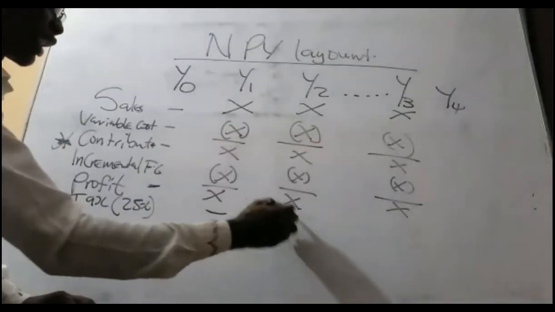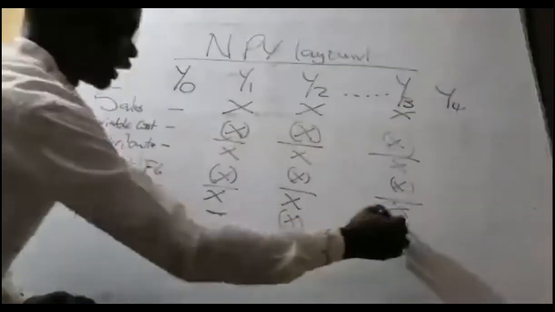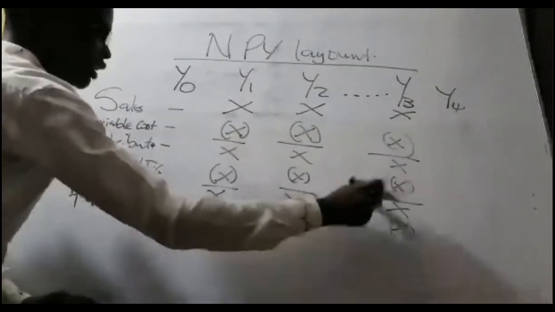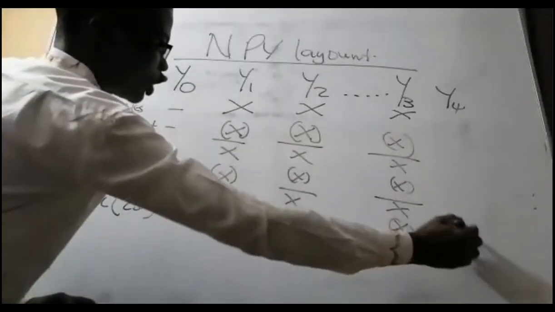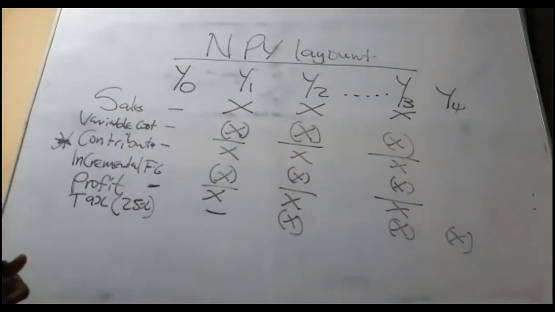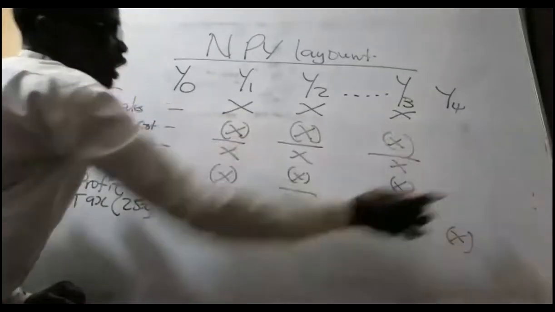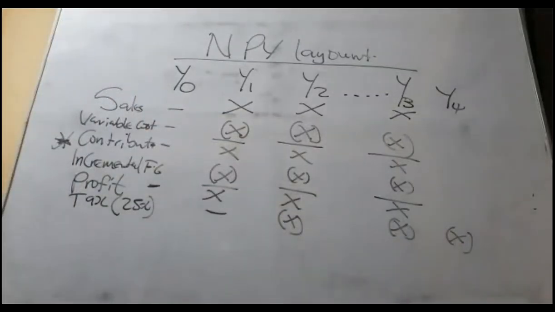Come and put it here, and here. And this year's tax will be paid the following year. Good. Because of the tax, that's why we are bringing another year there. That is the tax section. I hope you get that. Very good.